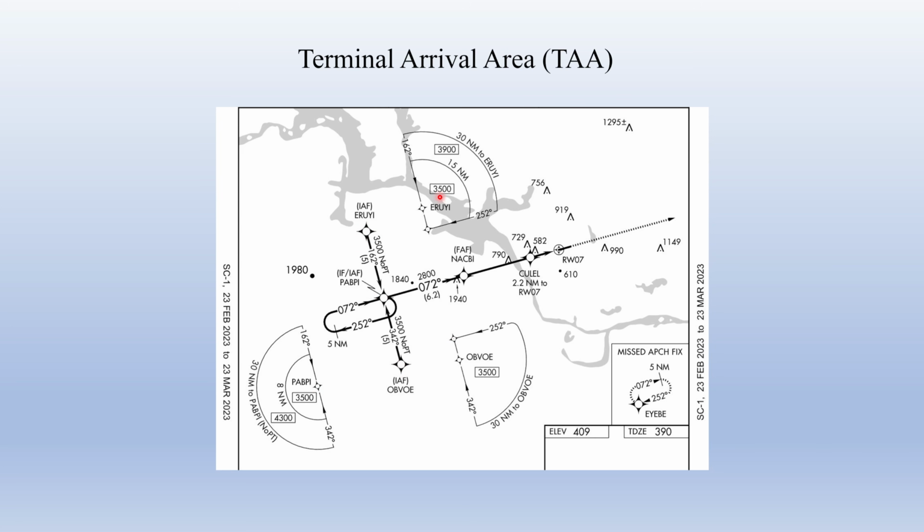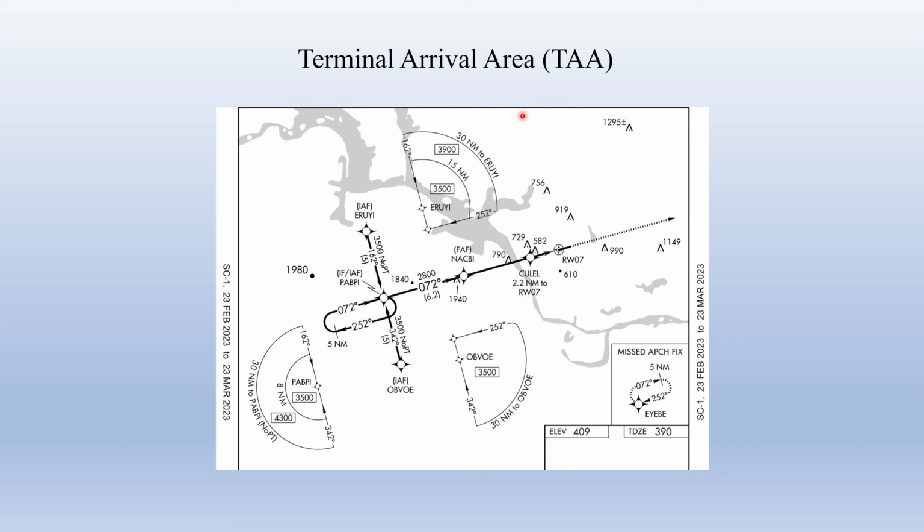The third difference is that the sectors are subdivided into different distance sectors. For example, if we're looking at the PAB-B fix down here, if we are within 30 miles of PAB-B, but more than 8 nautical miles, then the TAA altitude is 4,300 feet. If we are inside of 8 nautical miles from PAB-B, then our TAA altitude is now 3,500 feet.